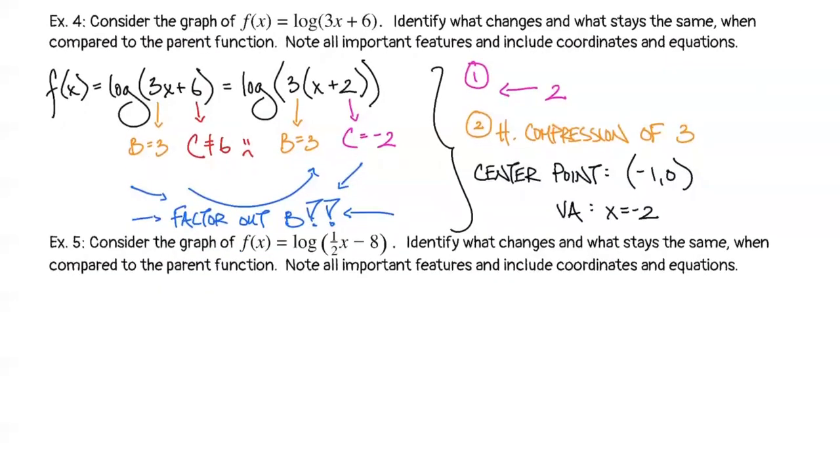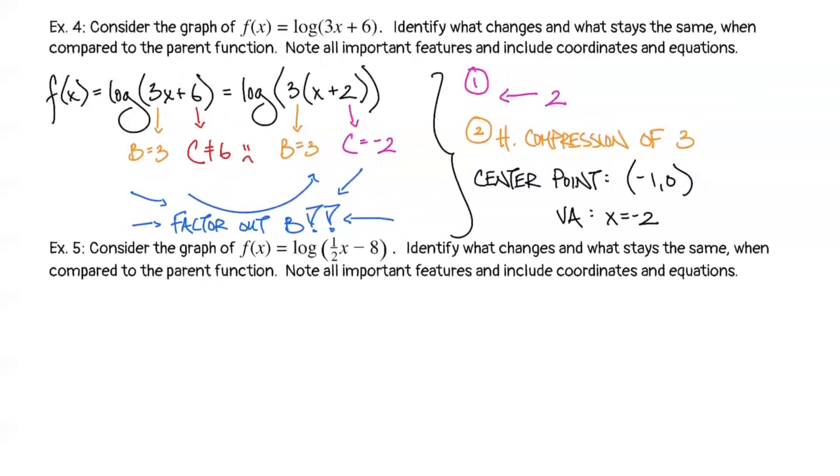Let's try one more like this, all right? Because again, I think this is the trickiest one to make sure that we get correct. f of x is log of, oh man, I even put fractions in this. My b value is 1/2.